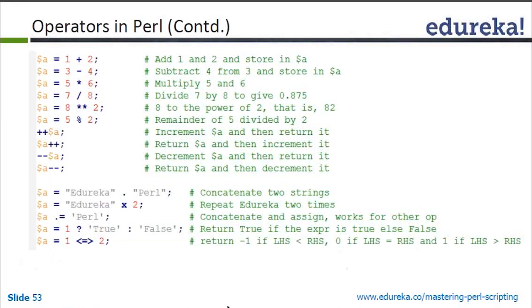Oh yeah, that is a typo error. That is 8 to the power of 2. So you are right, Rahul. Yes, I'm sorry about it, the slide has a mistake. So it is like power. If you do this power, it is like 8 square. So 8 square is 64. So you are right, it is a typo. We'll try to rectify this.